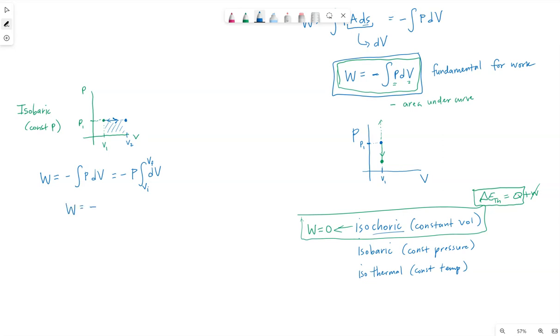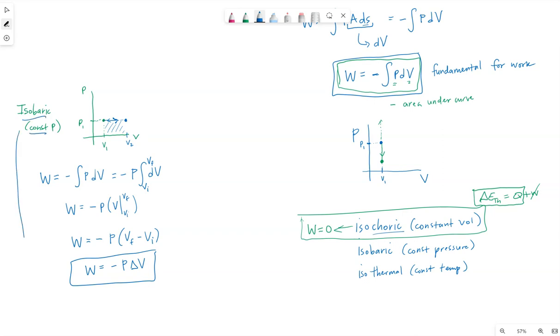So the work becomes negative P, integral of dV, which is simply the volume, but then we need to evaluate this integral between the limits, and we end up with V final minus V initial, which you'll see written as negative P delta V. Very simple to find the work done in an isobaric process. But this equation is specific to an isobaric process.